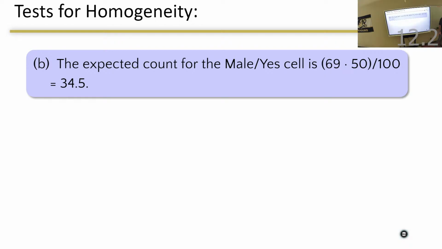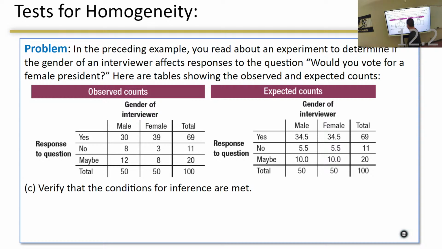Beautiful. Okay? I saved you a little bit of math and I did the expected counts for all of them. They want me to verify that the conditions are met. So we have an SRS. Was it randomly selected? We don't have an SRS.